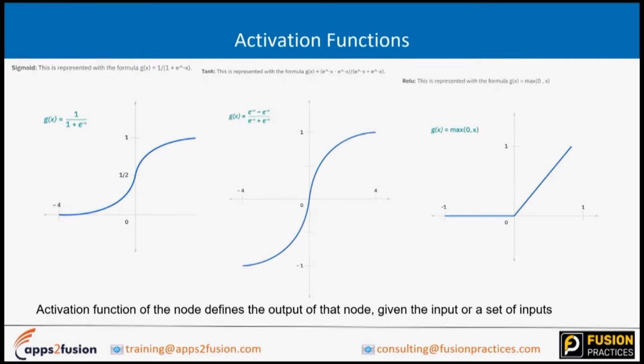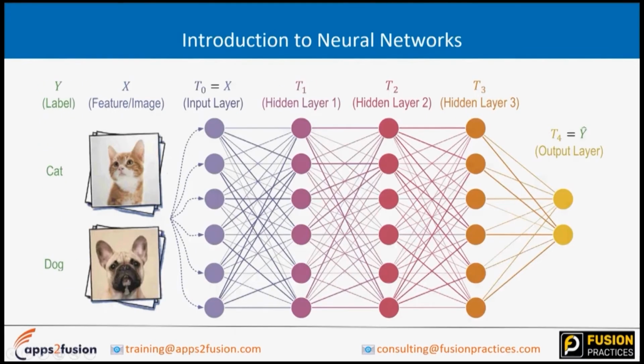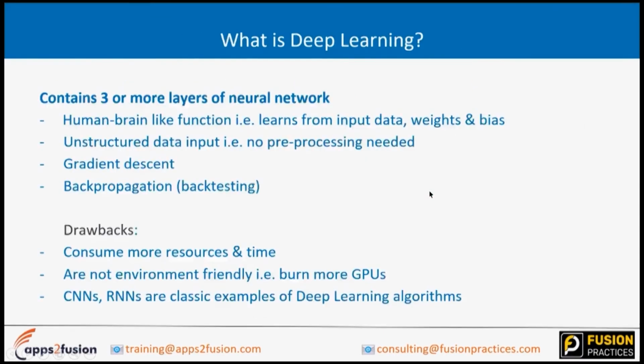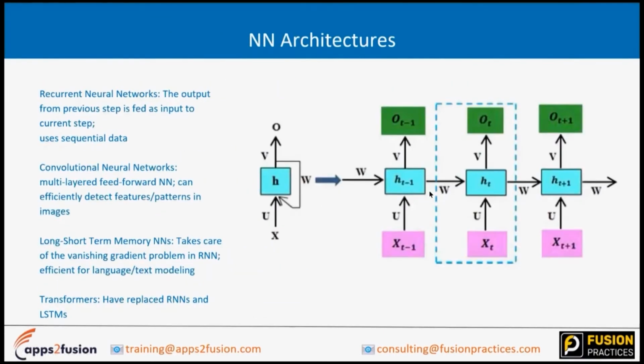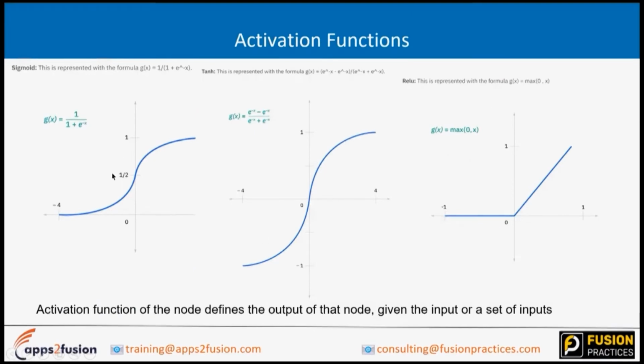Then there are activation functions. As I told you, when you're passing information from one node to another, there is an input layer, there is an output layer, and information is passed through a number of hidden layers. Each node is firing a function, like the firing of a neuron.